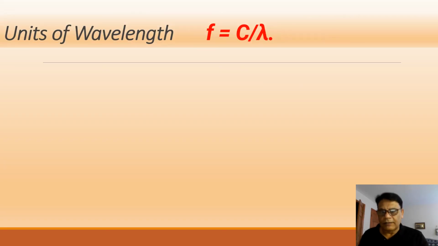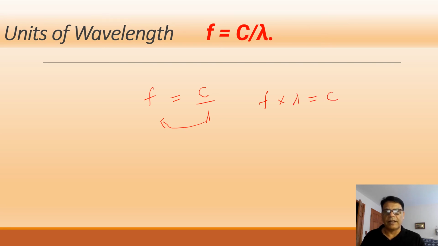So unit of wavelength, you can calculate value of wavelength by using the same formula, that F is equal to C over wavelength. Now if you want to derive the formula for wavelength, what will you do? You will shift the wavelength across the equality sign, and your equation will be like this.